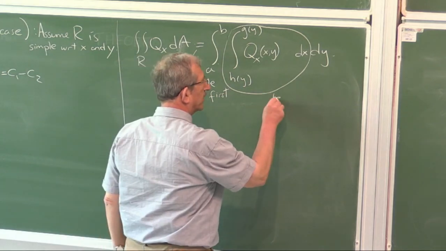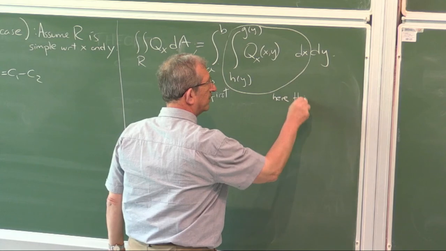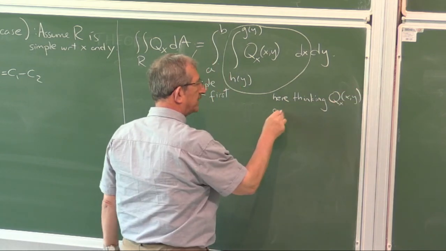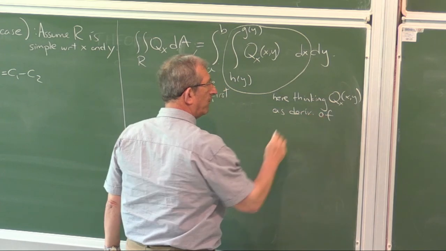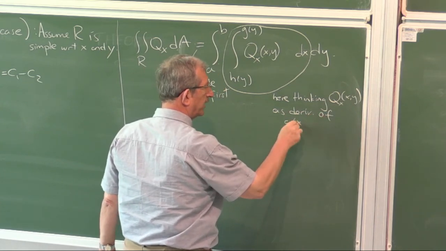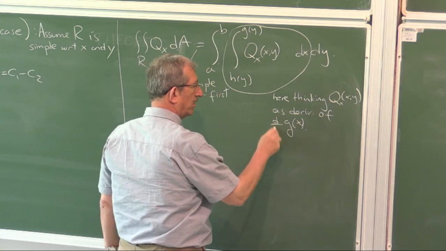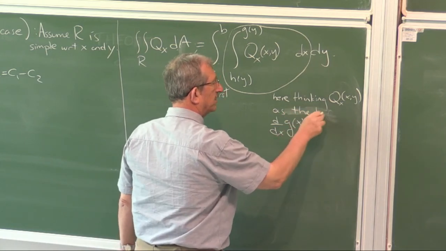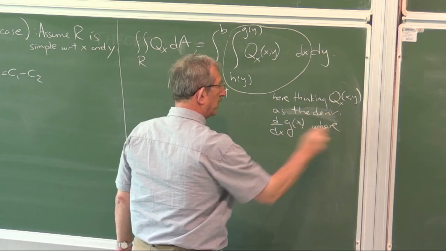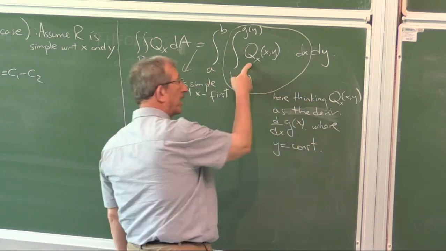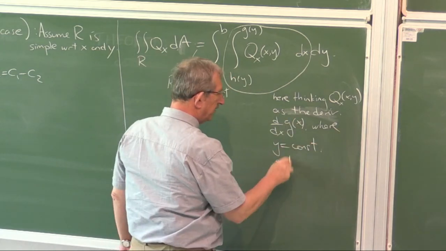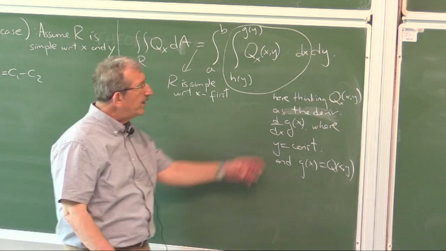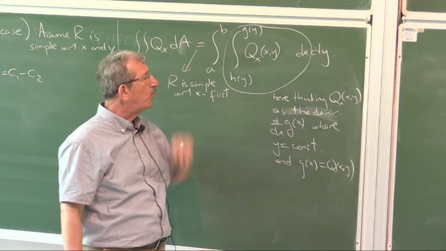Thinking of q sub x as the partial derivative of q, where y is constant, we have the derivative of a function and the integral of that derivative between 2 points.